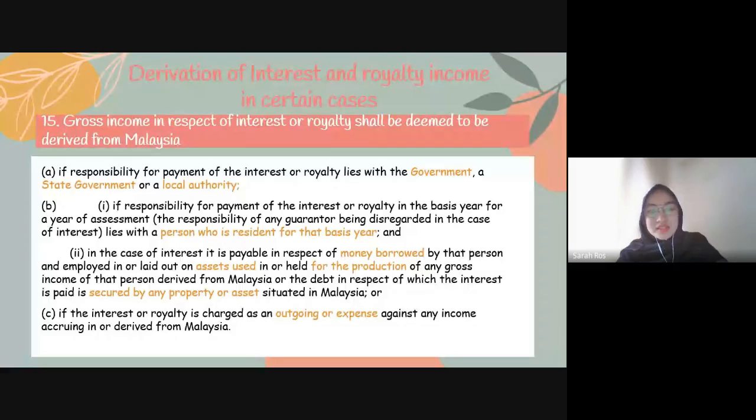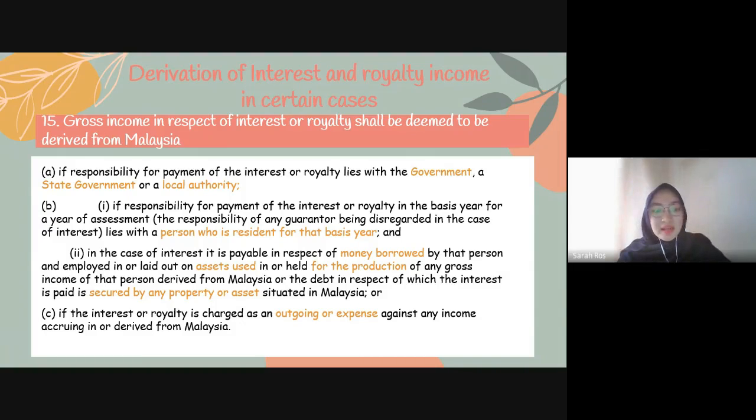It states that the gross income in respect of interest or royalty shall be deemed to be derived from Malaysia if the responsibility for the payment lies with the government, state government or local authority, for example, if the interest comes from the government's bond. And then the responsibility for payment of interest or royalty in a basis year lies with the person who is a resident for that particular year.